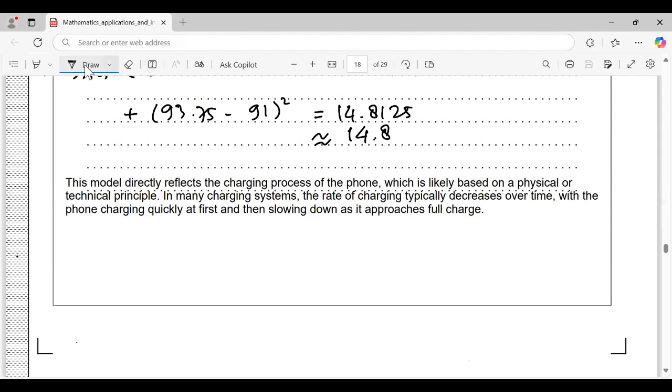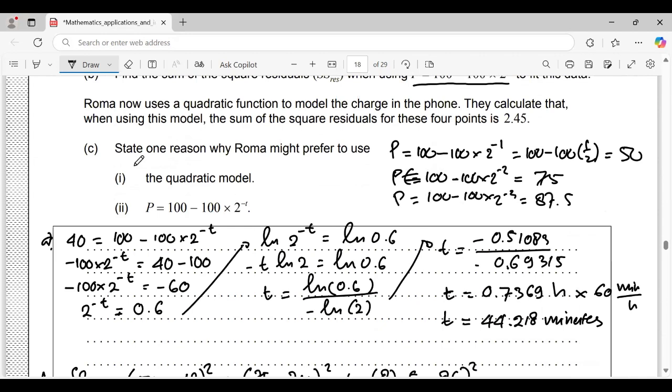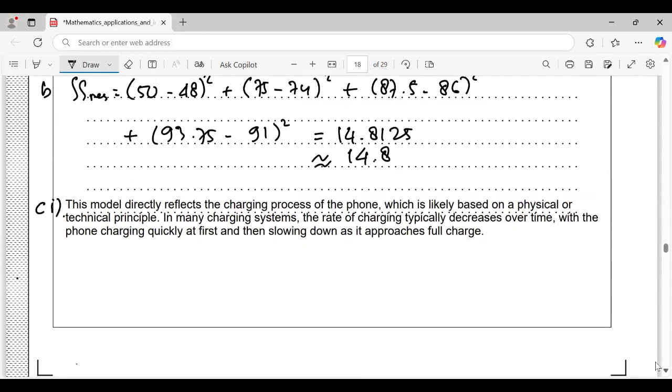This is C part one. You may copy or you may add something into this explanation. And C part two says one reason why Roma might prefer to use this equation, P equals 100 minus 100 times 2 to the power of minus t.